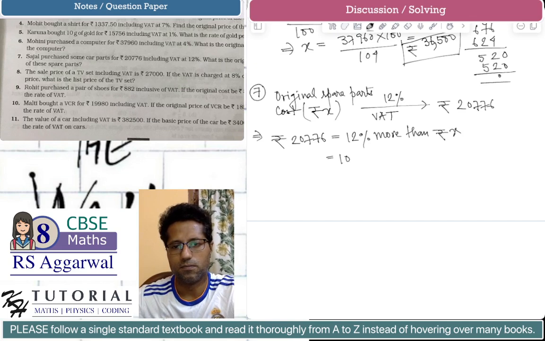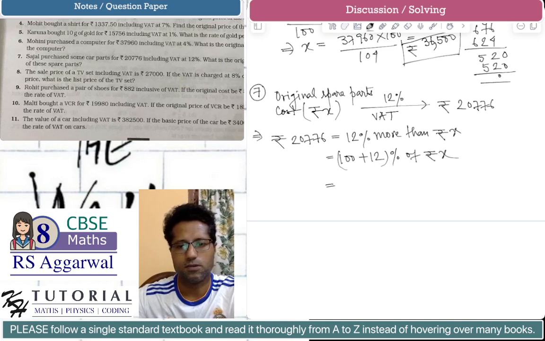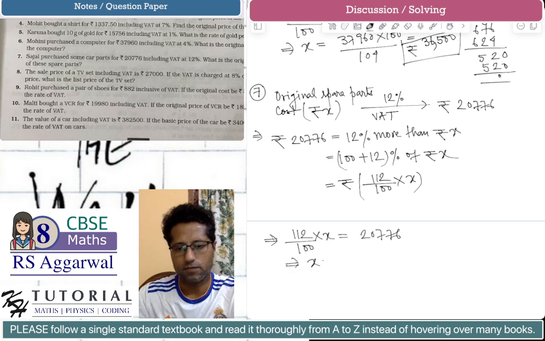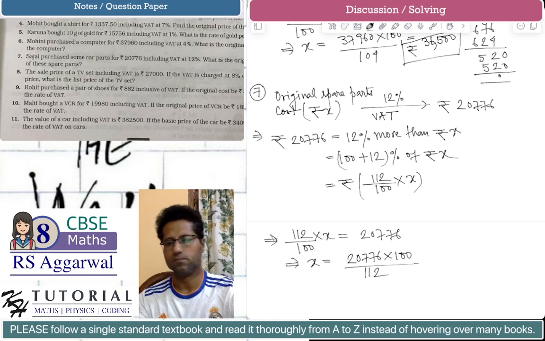This is equal to 100 plus 12% of rupees X. This is equal to 112 divided by 100 multiplied by X. So now we can say that 112 divided by 100 multiplied by X is equal to 20,776. If we solve for X, we get X equals 20,776 multiplied by 100 divided by 112.